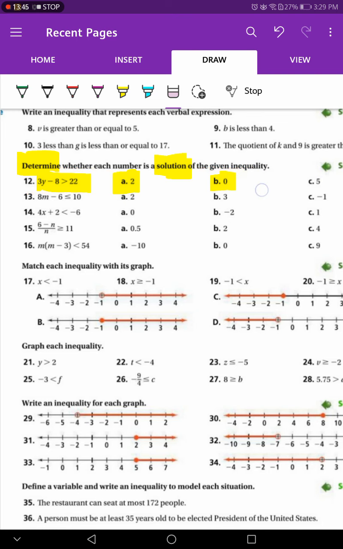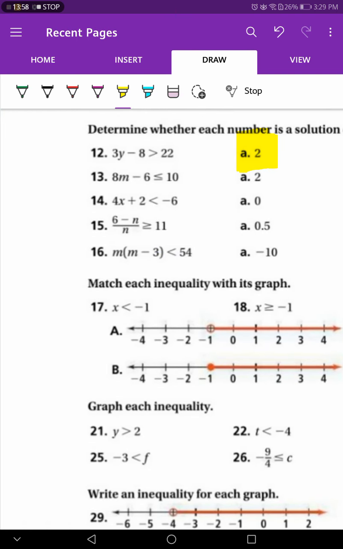The solution means the number makes the inequality true. This means the left side must equal the right side. So does the number make the left side equal the right side? This is the meaning of the solution.